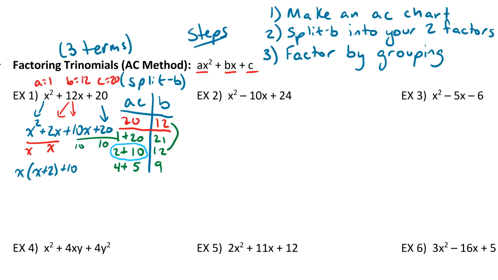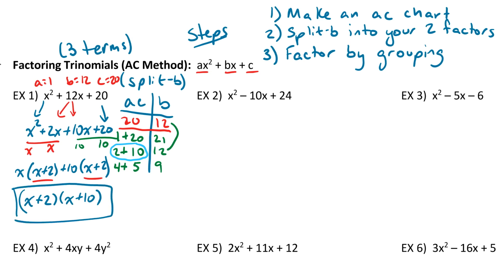So if we take out the 10, it's going to be also 10 times x plus 2. Our insides match. So as long as our insides match, it's x plus 2, x plus 10. And that would be our answer. And you can check this by actually foiling this out, and you should get the x squared plus 12x plus 20 that we started with.